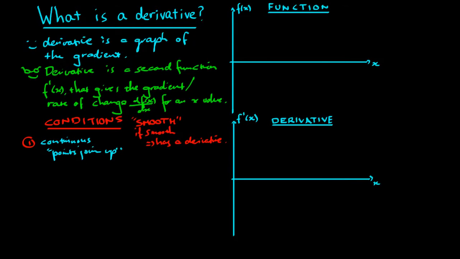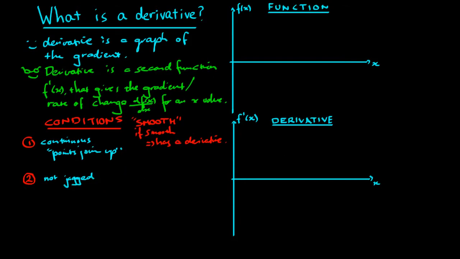And the second condition is that it's not jagged. So a graph that's jagged like this, although it is continuous at this point, the derivative will not exist at that point. The derivative will exist for these points here and these points here, but not here, here, or here.